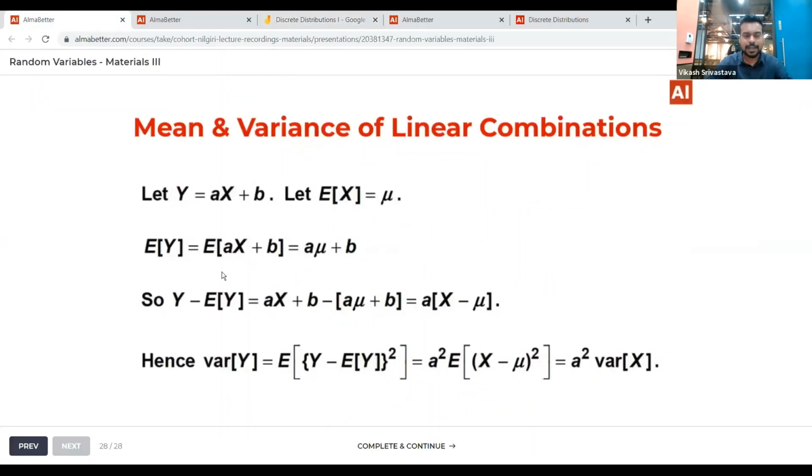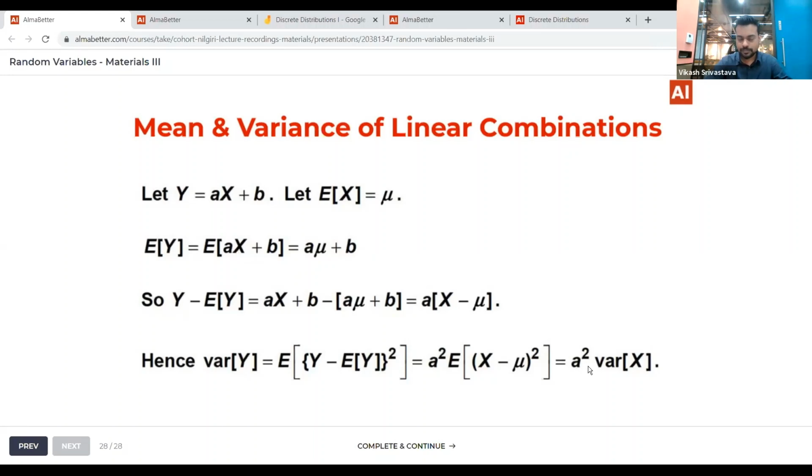And now similarly, you can calculate the variance of y, and this is not that difficult to calculate. I'll leave it to you to find the derivation for the variance of y, where y is a linear combination of a random variable x and b.